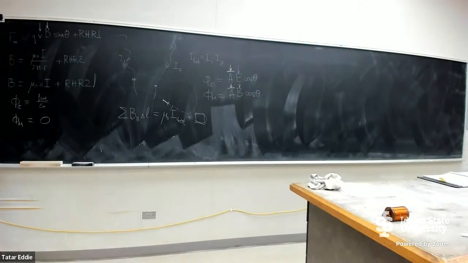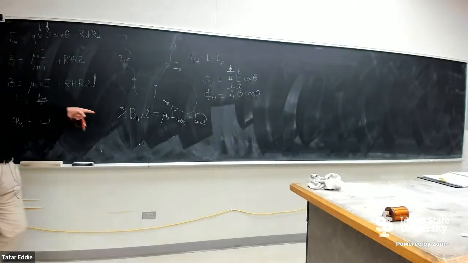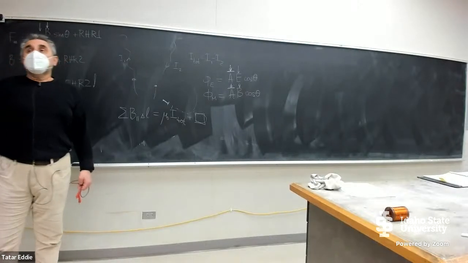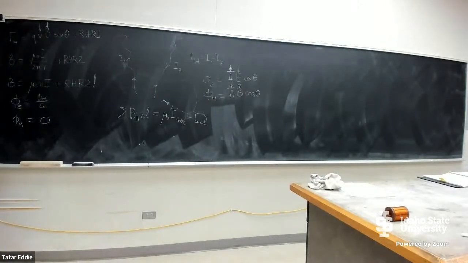Okay, so now we have the first, the second, and the third Maxwell equation. For a full description of all electromagnetic phenomena, we need the last Maxwell equation, the fourth, that we're going to write today.